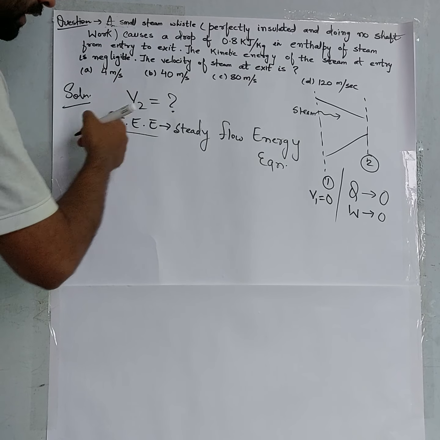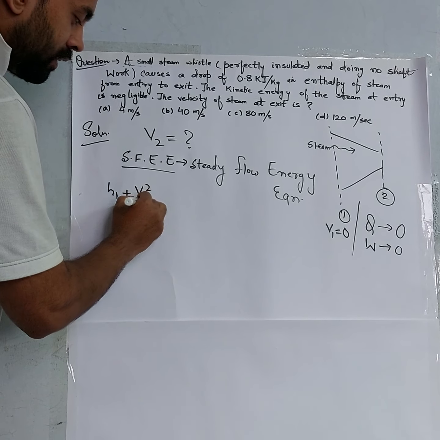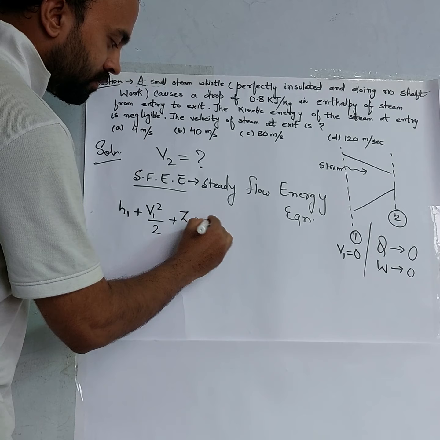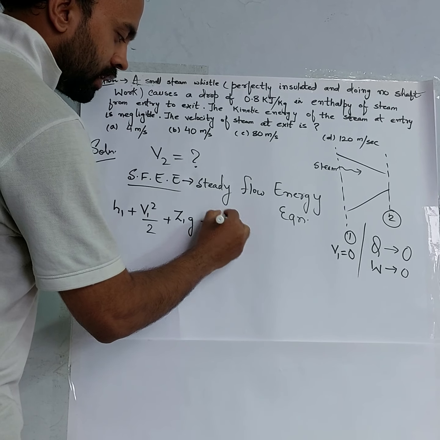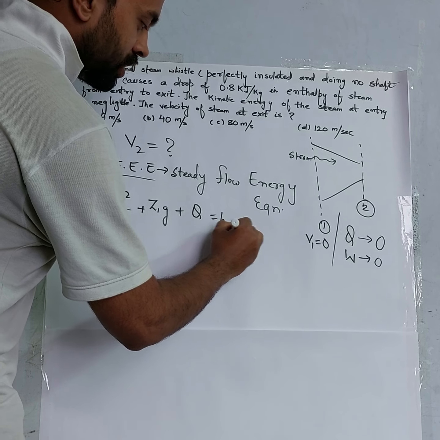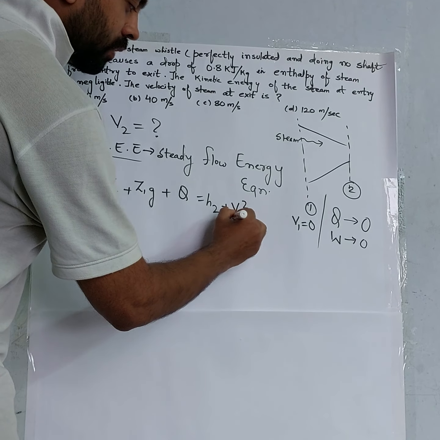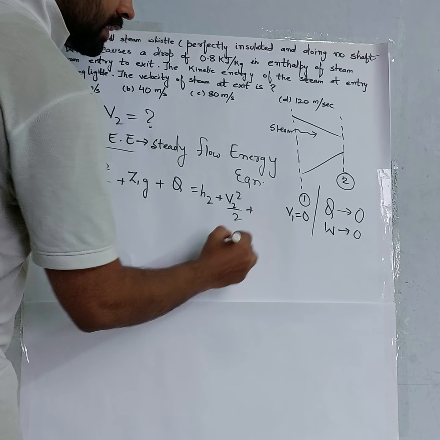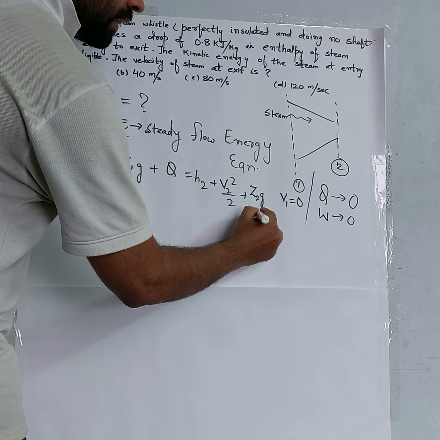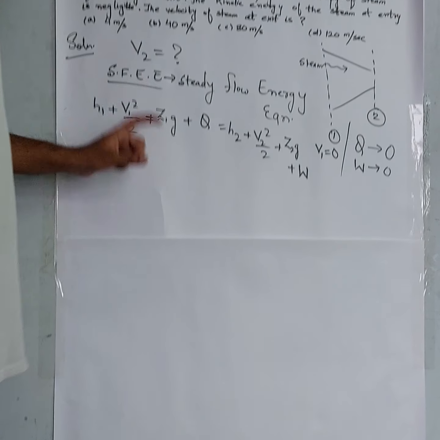H1 plus V1 square by 2 plus Z1G plus Q is equal to H2 plus V2 square by 2 plus Z2G plus W. We have to apply it.